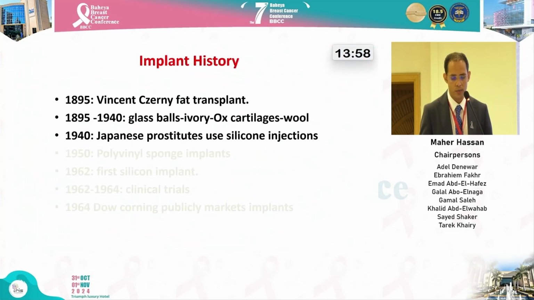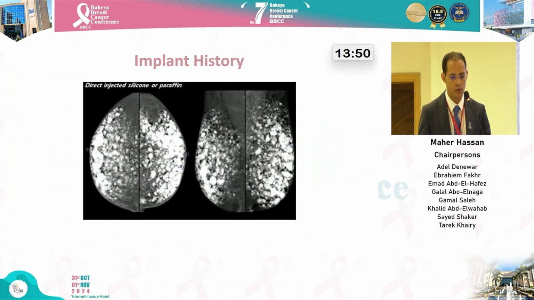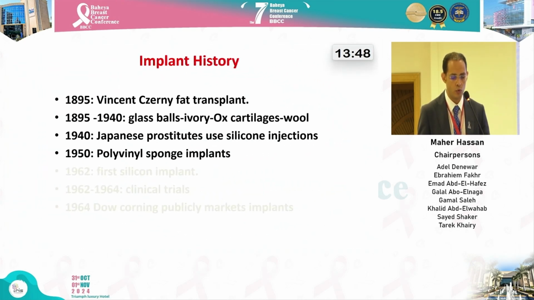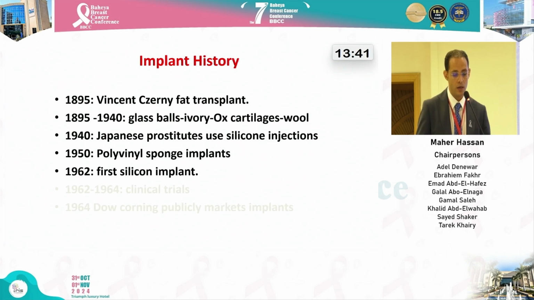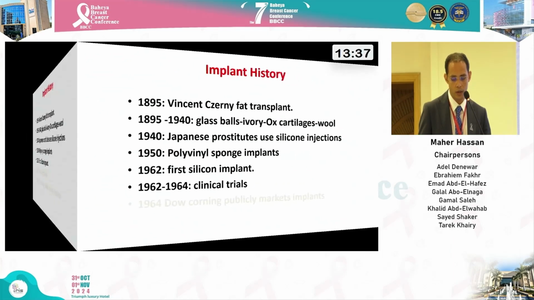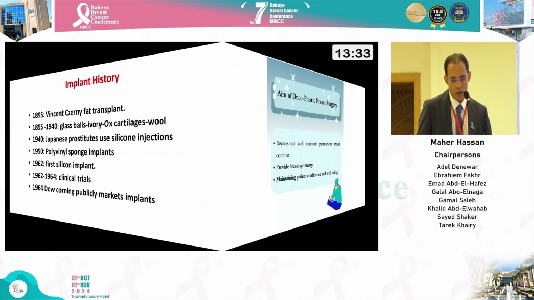Then silicone injection was used, but they faced the problem of silicosis, and then the process improved more and more to have a polyvinyl sponge implant in 1950, then the first silicone implant in 1962 by Dow Corning.